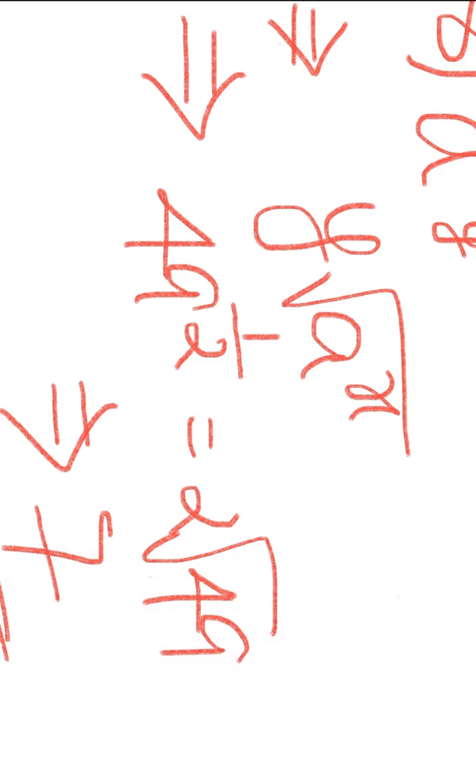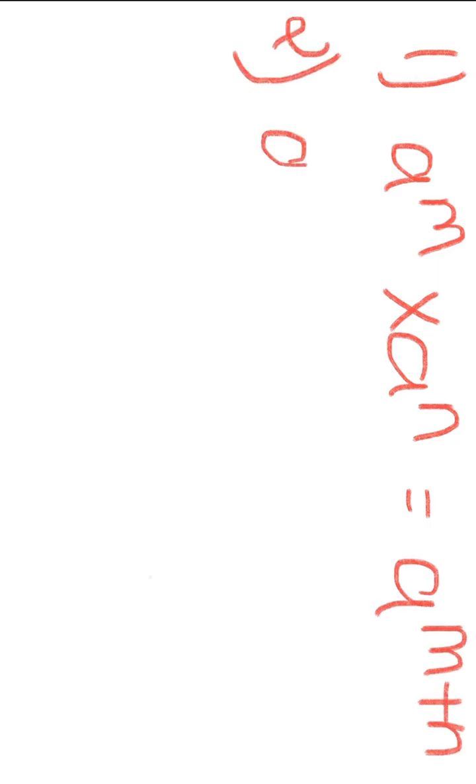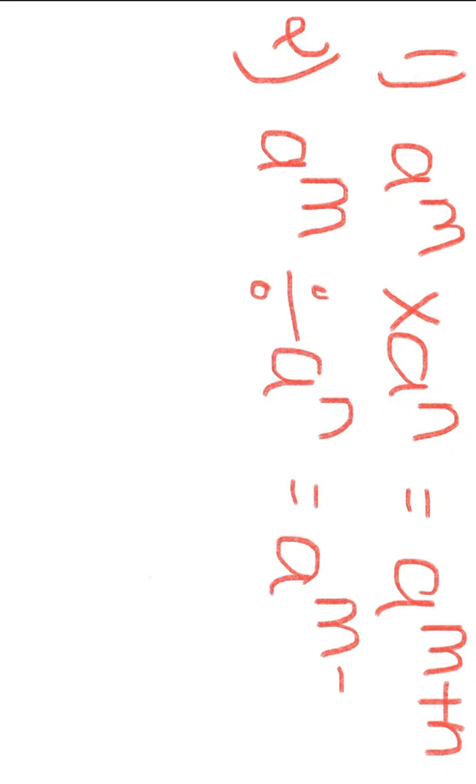So let us discuss all the properties once. The first property was a raised to m into a raised to n, that will be a raised to m plus n. Second property is a raised to m divided by a raised to n, that will give me a raised to m minus n. The third property is a raised to m whole raised to n, that will be a raised to m into n. The fourth property was a raised to 1, so the answer will be a.